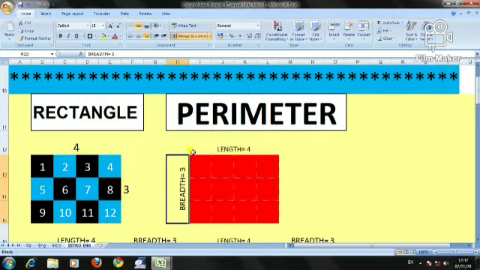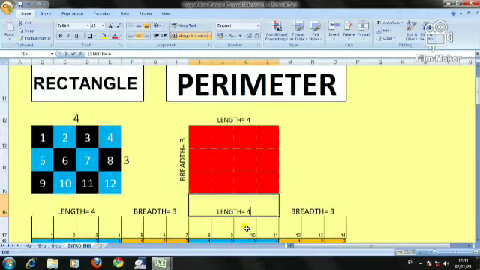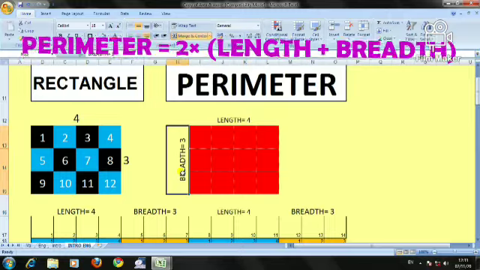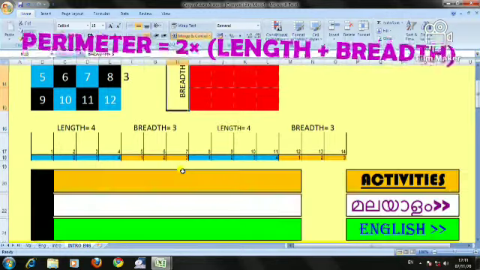The total length of this edge or side is called perimeter. Then what will be the result? 4 plus 3 plus 4 plus 3 is equal to 14. 14 will be the answer.